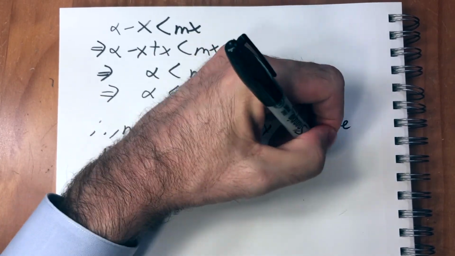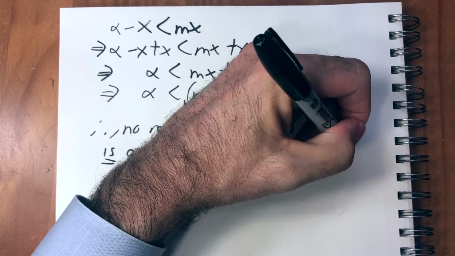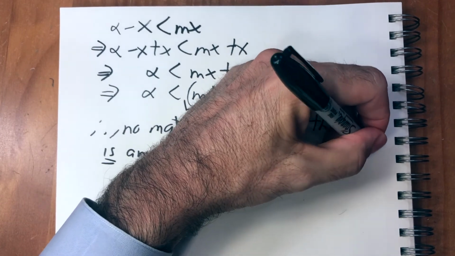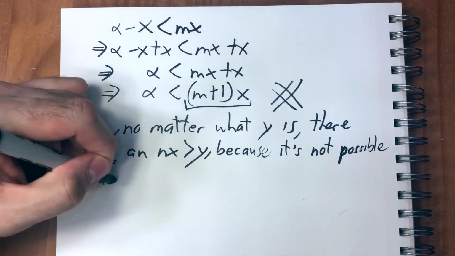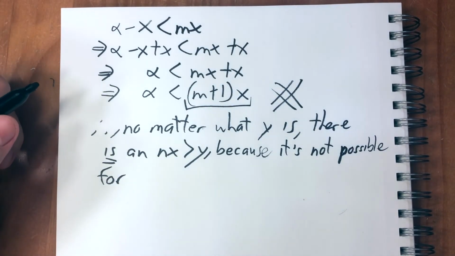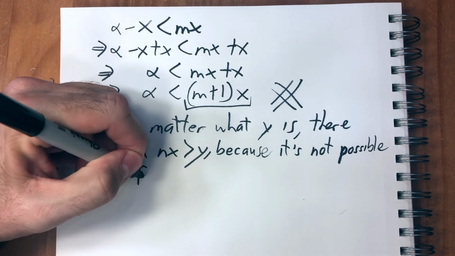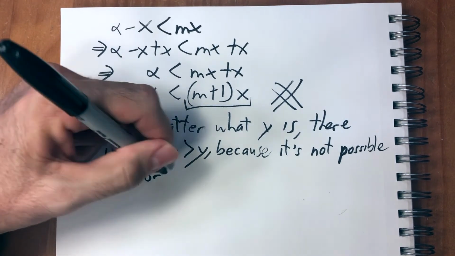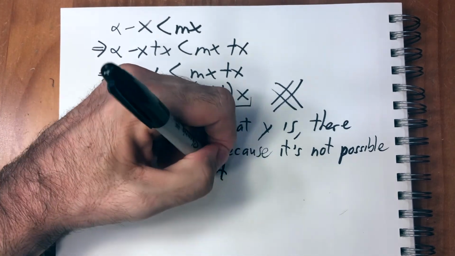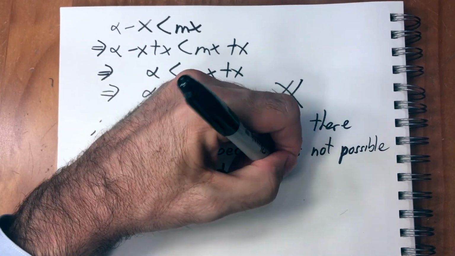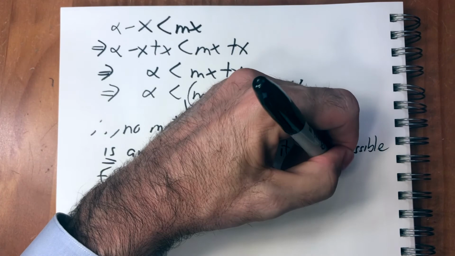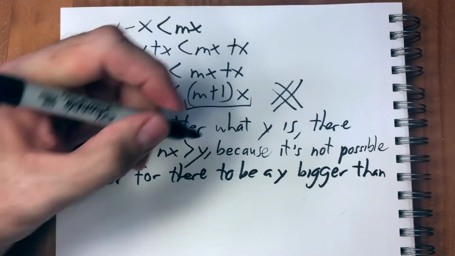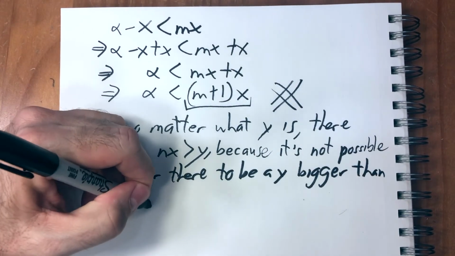Because it's not possible for there to be a y bigger than all nx.